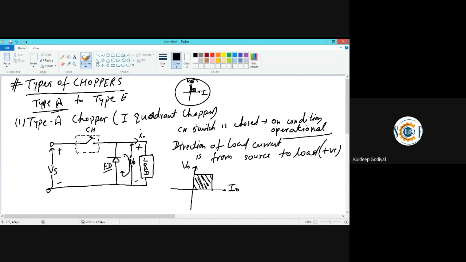So for the first one, we denote it here as CH1. This graph, the hashed area that you get, is due to the operation of CH1 and the freewheeling diode. When CH1 is on, positive output voltage is achieved and load current is obviously positive. This direction is from source to load, and this direction is maintained even if CH1, the chopper, is turned off.